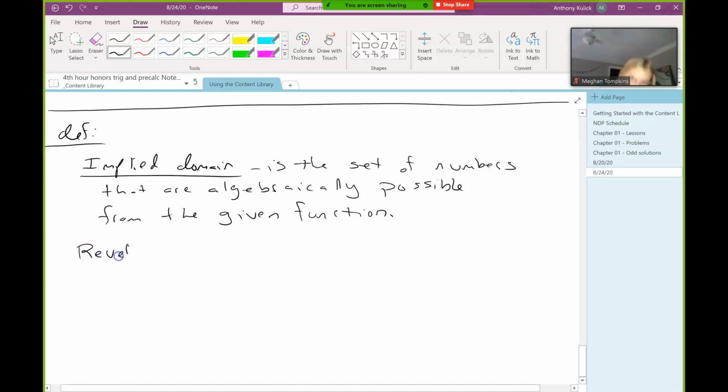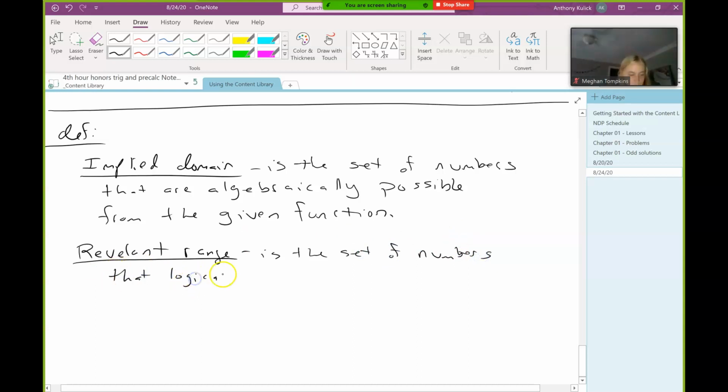And that result then gives a relevant domain, the set of numbers that logically fit based on the situation.